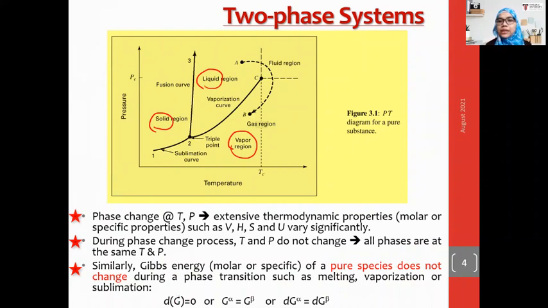Thus, delta G equals 0 at constant temperature and pressure, or delta G alpha, maybe the phase 1, is equal to delta G beta, the second or another phase.